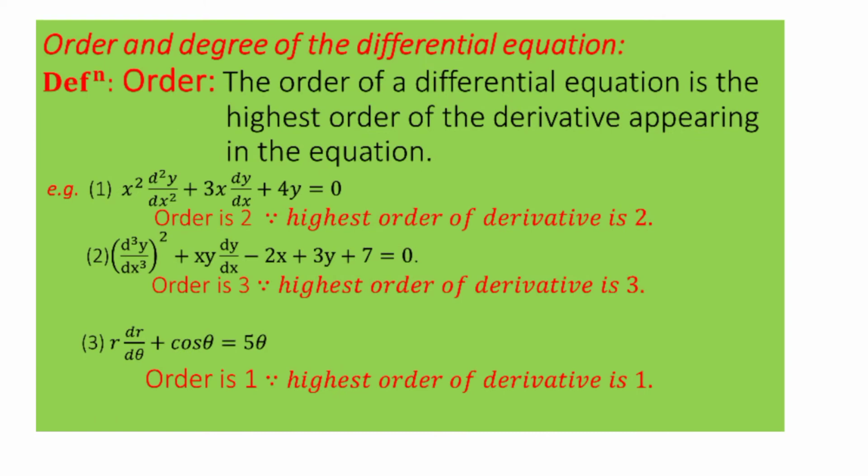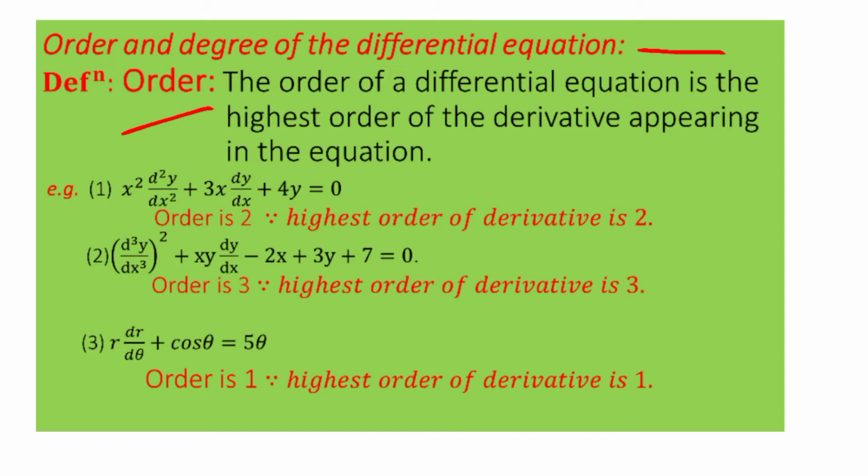Then order and degree of the differential equation. Definition: order. The order of a differential equation is the highest order of the derivative appearing in the equation. Example 1, x square d2y upon dx square plus 3x dy upon dx plus 4y is equal to 0.